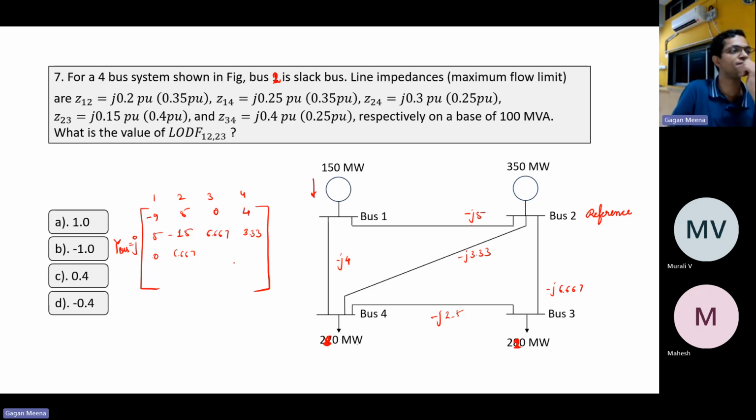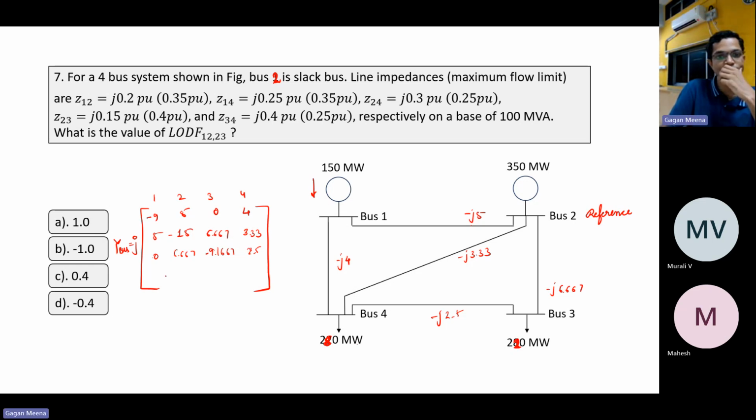How much is this? 2.5 plus 6.66, 9.1667. Then 3 4, between 3 and 4 it is 2.5.